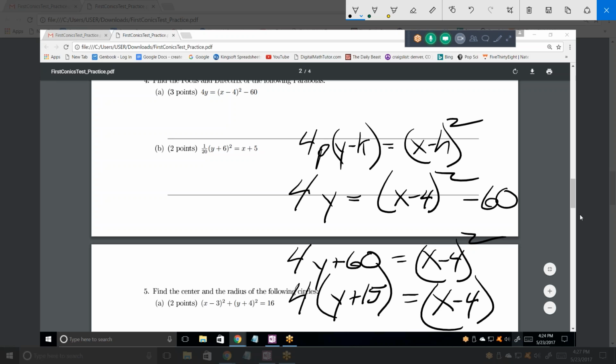That is our exact format that we're looking for. What's p? 1. Correct.